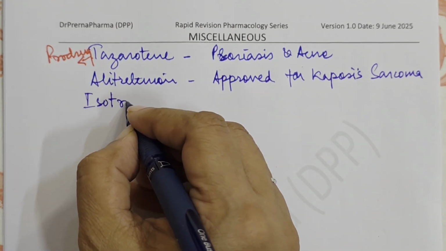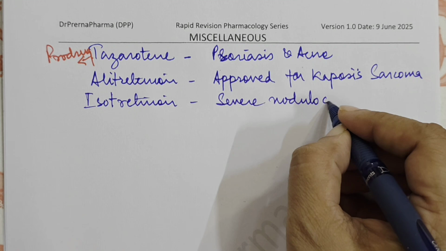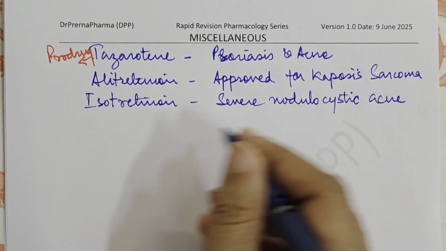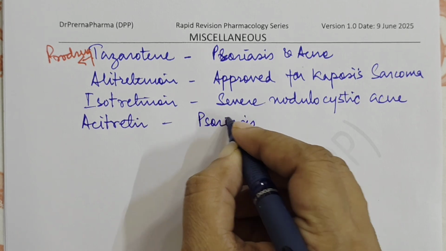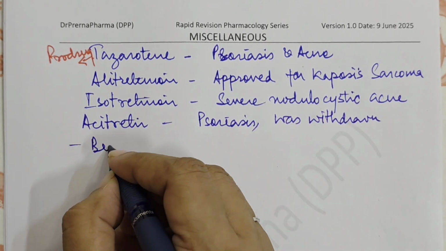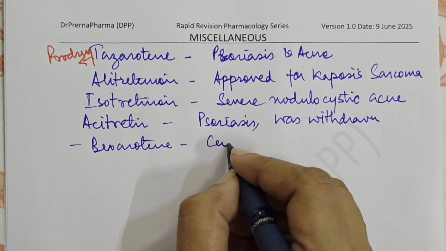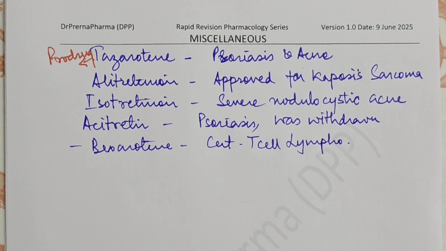Then isotretinoin is used in severe nodulocystic acne. Acitretin is used in psoriasis, but it was withdrawn. Then bexarotene is used in cutaneous T-cell lymphoma. Okay, so these are some uses of retinoids.